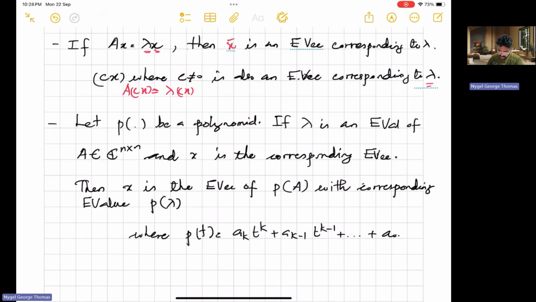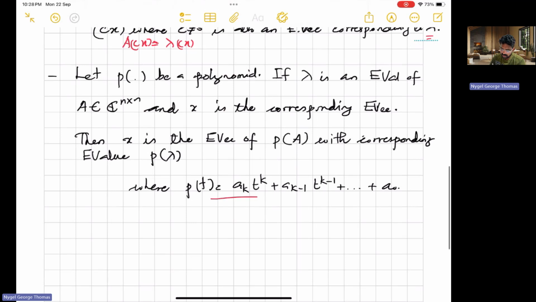Fine, this is straightforward. Now another thing: let p of t be a kth degree polynomial, given by a_k t raised to k plus a_(k minus 1) t raised to k minus 1, plus etc., plus a_0. Suppose lambda is an eigenvalue of A and x is the corresponding eigenvector.